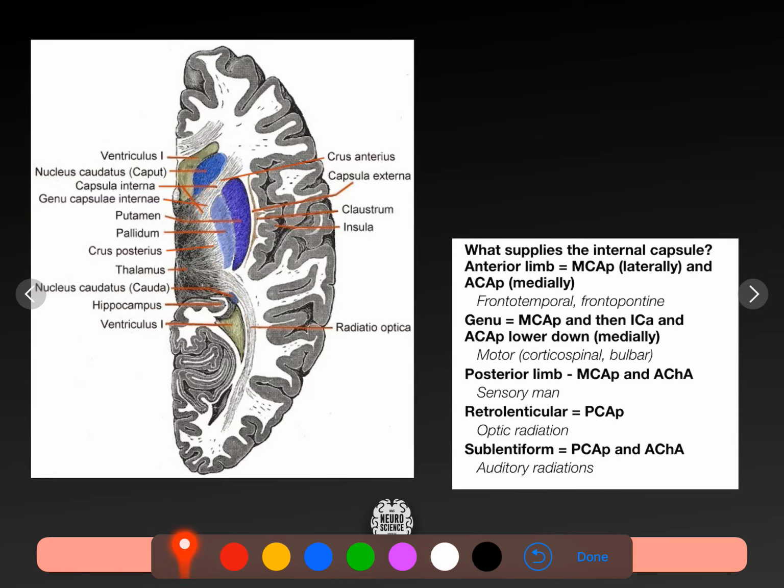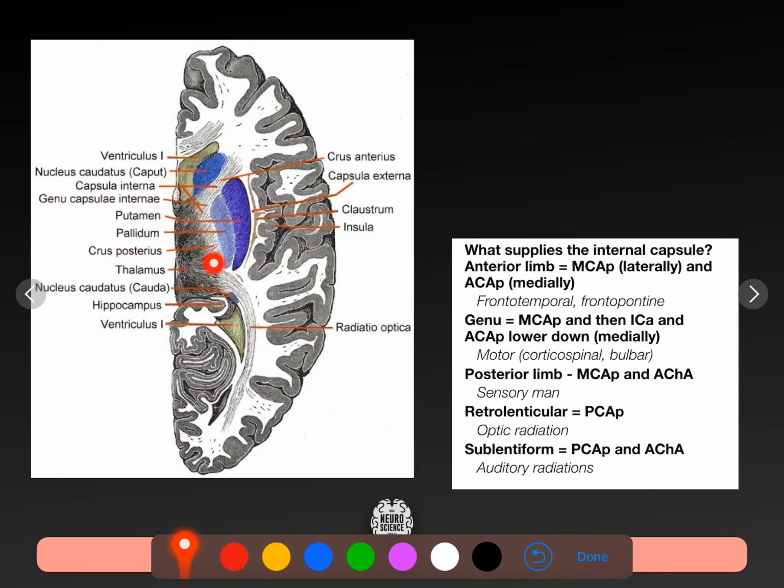The different parts of the internal capsule are the anterior limb, the genu, like genuflect in church, which means knee, the posterior limb, and then there's a retrolenticular region, retro meaning behind the lentiform nucleus. Underneath, getting to the temporal portions, is the sublentiform. The retrolenticular carries on to the optic region.